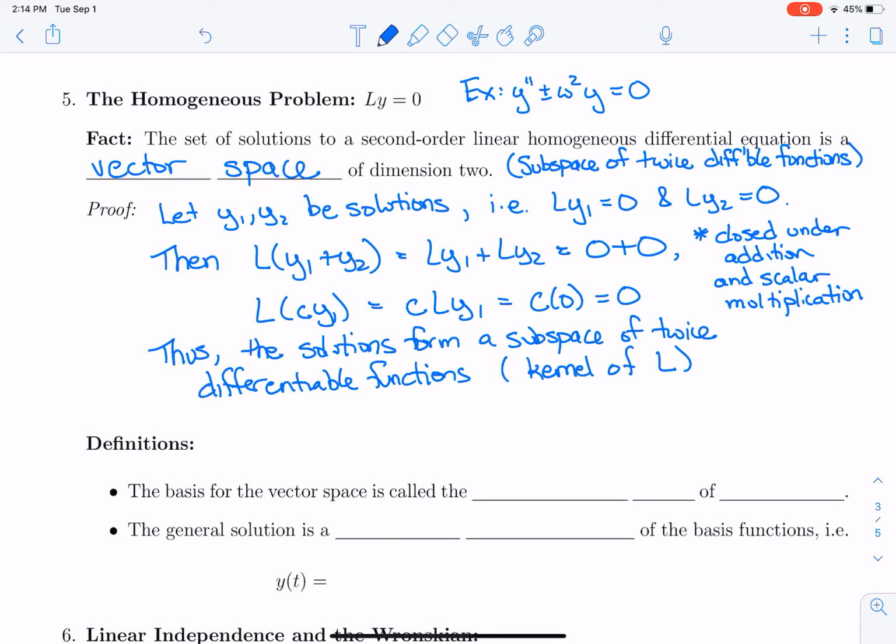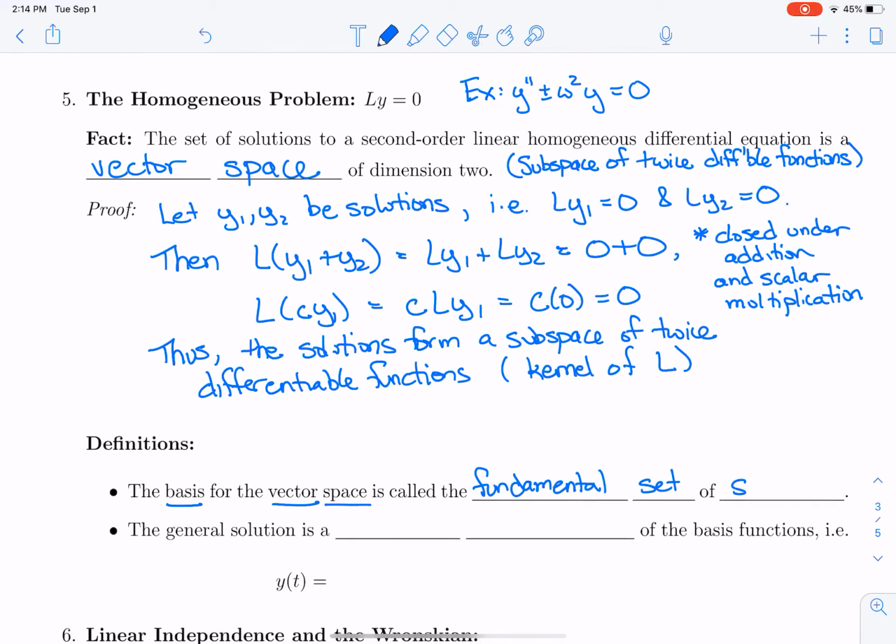Okay, so solving the homogeneous problem is really about finding a basis for the vector space. So what we're looking for is a fundamental set of solutions.